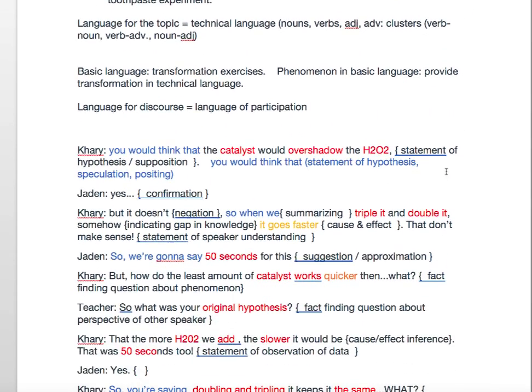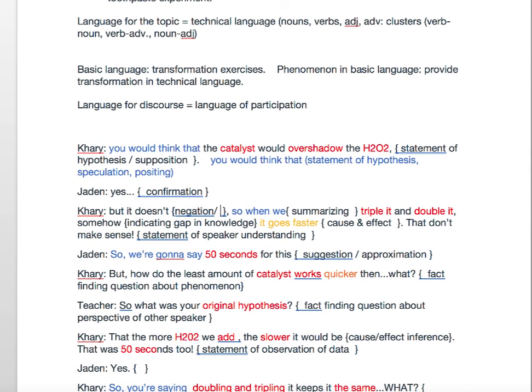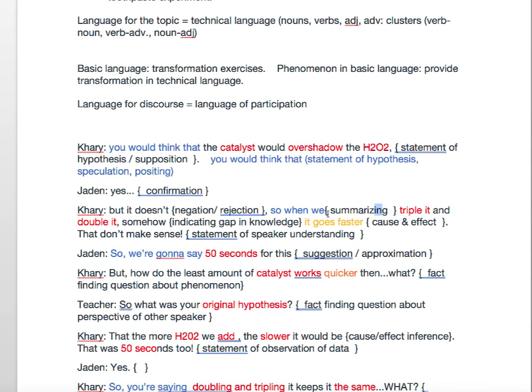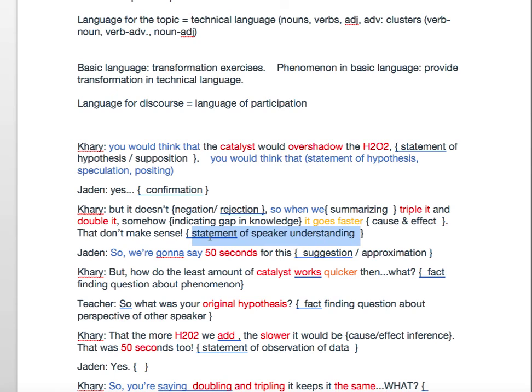Okay, things like statement of hypothesis and confirmation and negation, or we'll call that rejection of a hypothesis. All right, and then there's summarizing of events. Okay, and then there's interactional stuff or reflective of man versus process. I don't understand that. Okay, we call that speaker stance. Okay, this is a stance statement. Okay, so it's not just a description of the event, it's a description of the speaker's stance.